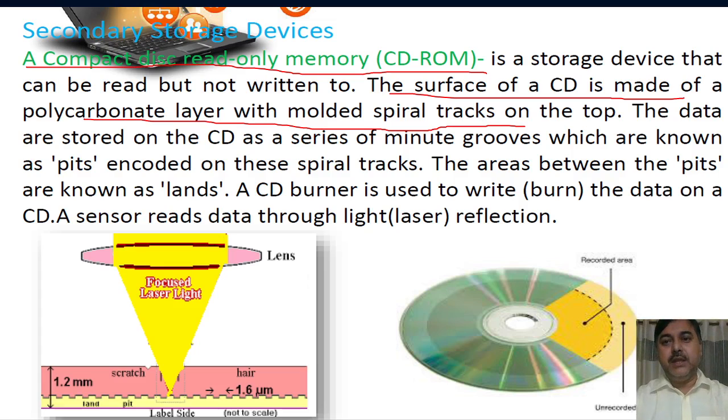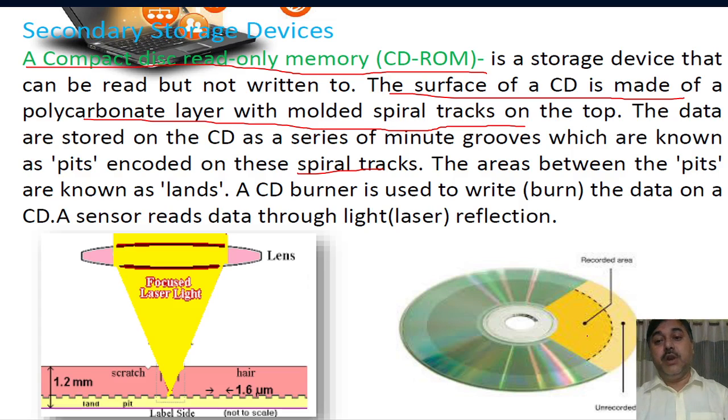In this area we are storing the data. See here, in this particular way the data are being stored, isn't it? There is a pit, and it moves like a spiral. There is a spiral track, and based on the spiral track the work happens. Where we are writing, that means we are burning the area.